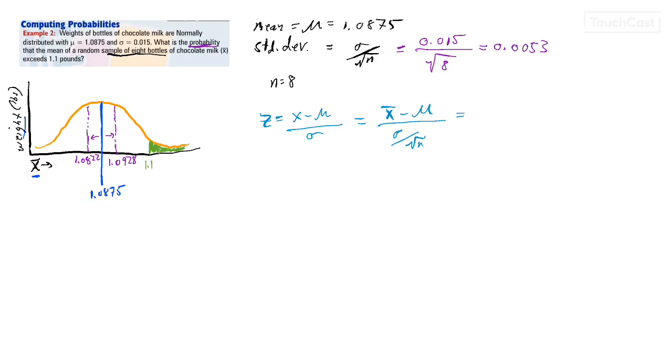Let me plug in some of these numbers. X bar in our case is going to be 1.1, because that's the target number we're looking for. So the 1.1 is x bar.